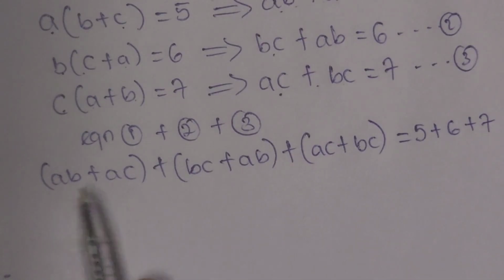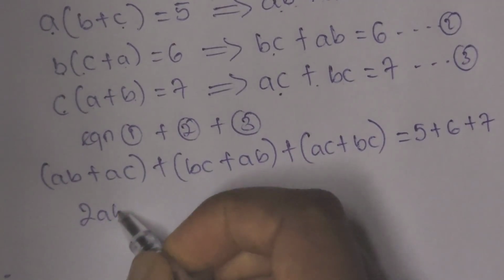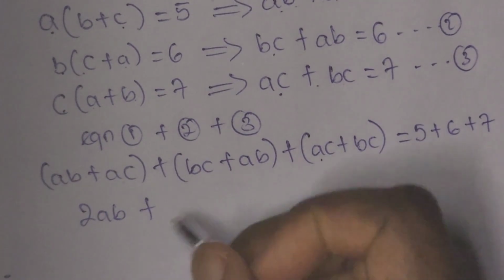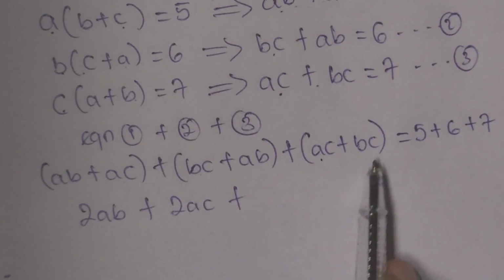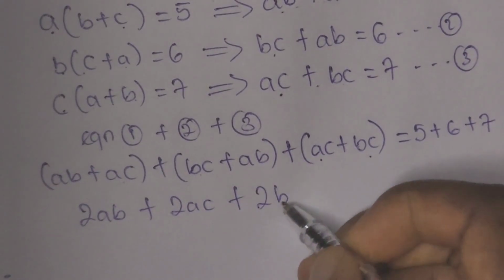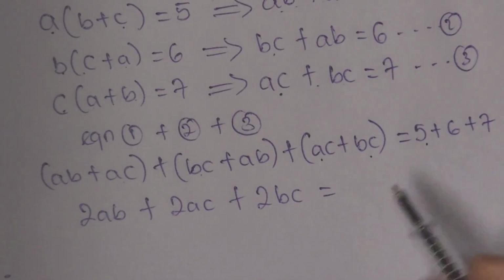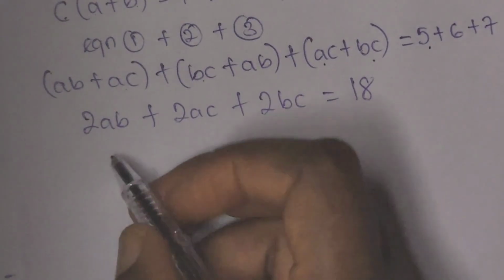So looking at this, we have AB and AB, so we have 2AB. We have AC and AC, so we have 2AC. We have BC and BC, so we have 2BC, all equal to 5 plus 6, 11. 11 plus 7, 18. So from here, we can factor out 2 from both sides.